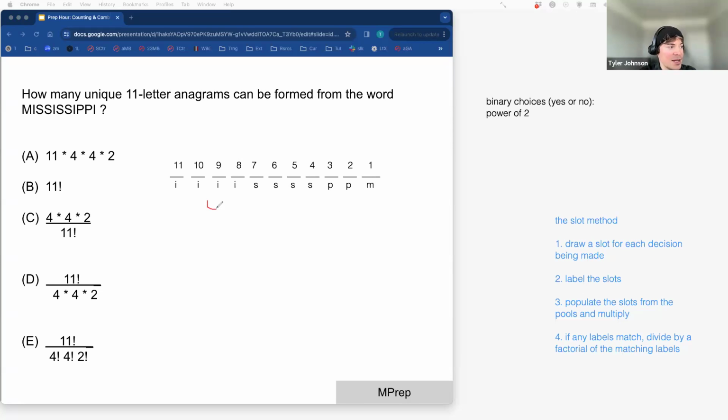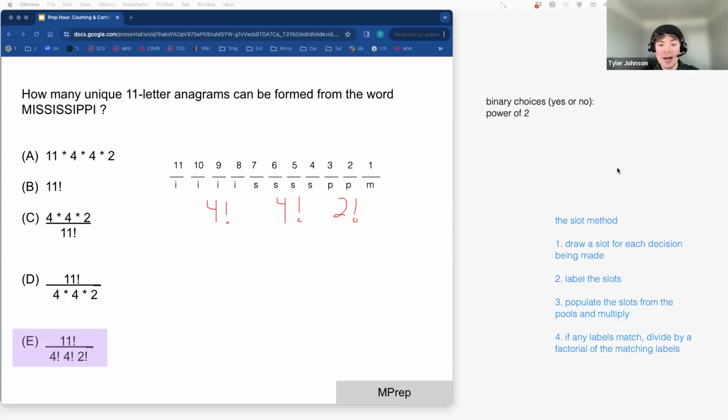The 4 I's mean we divide by a 4 factorial. The 4 S's mean divide by another 4 factorial. And the 2 P's create a 2 factorial there. And that's going to match answer choice E.